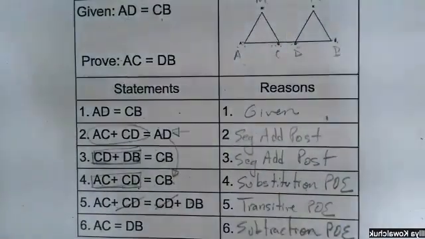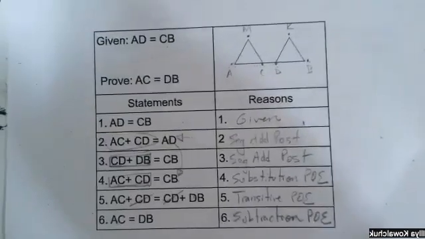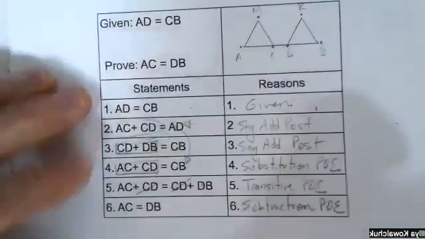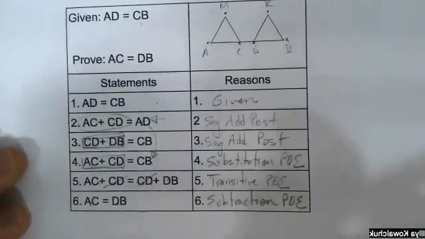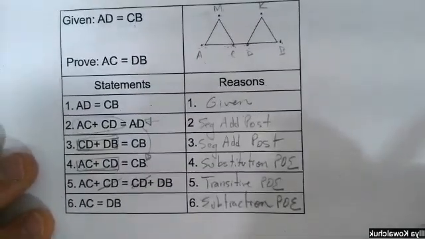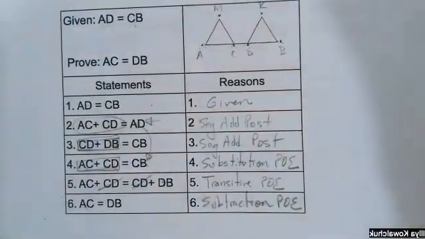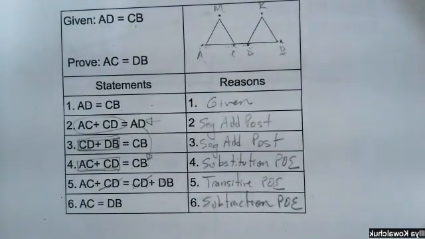All right. So that's the end of the lesson for today. Now, after that, there are several different partner proofs. So what I'm going to ask you to do is with a partner, please go ahead and do 3 of the partner proofs. If you want to take turns, if you want to work together, that's a-okay. The answers to the partner proofs are in Schoology.